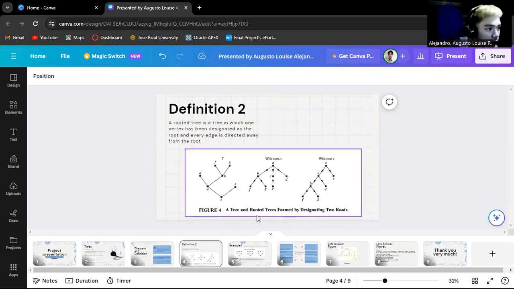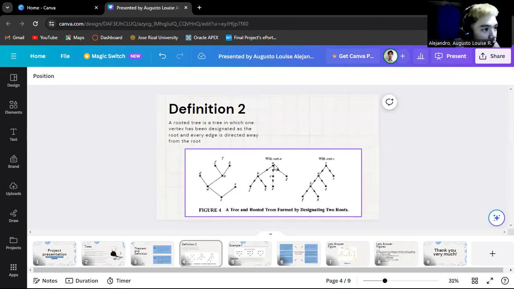So, for example, in this tree the root is G. It has two children, F and B. And B has children A and D, and C. C has a child, E.